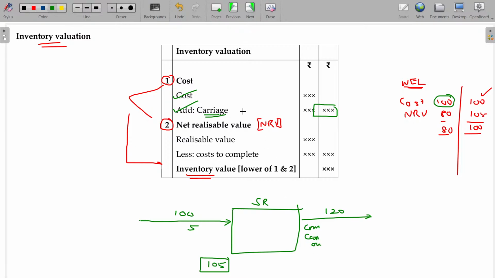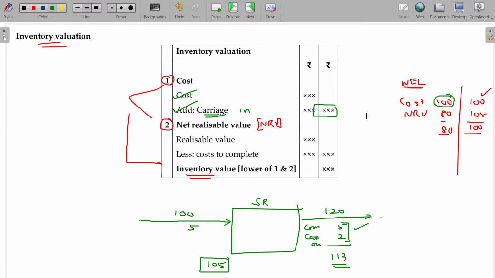The earlier one will be called carriage inward. So commission being 5 rupees, carriage outward being 2 rupees, 7 rupees I have to incur. I get 120 rupees from my customer, but I need to spend 7 rupees for selling. Ultimately, I get how much? 113 rupees in my hand.